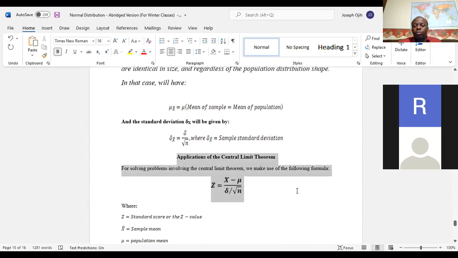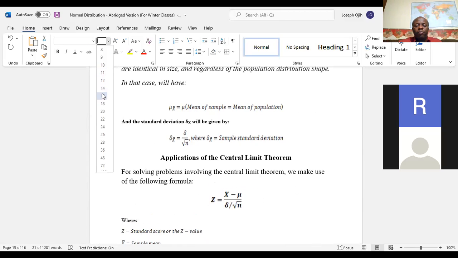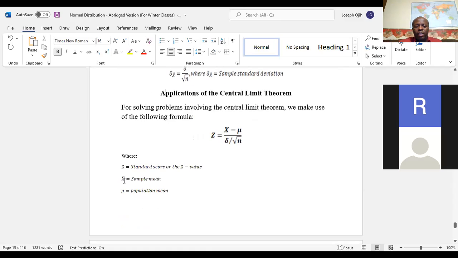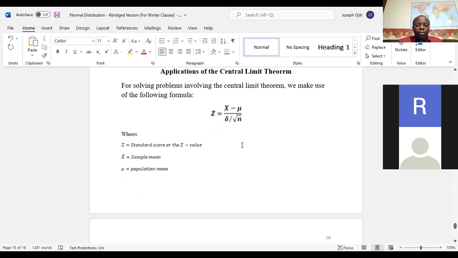So under this application, we use a different transformation formula. This is not x, this is x bar, the sample mean. This is the population mean, the population standard deviation, and the sample size.